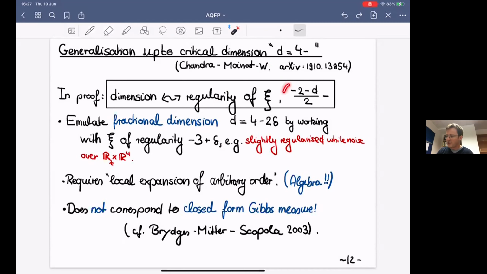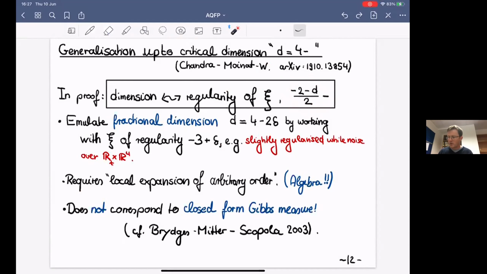The dimension enters the analysis only here, as I said, through this regularity, minus 2 minus d over 2, of the noise. So the critical value here would be 4 dimensions. So what we did here is we just said, well, let's emulate fractional dimensions a little bit better than 4, because clearly things will not work in 4 dimensions anymore.